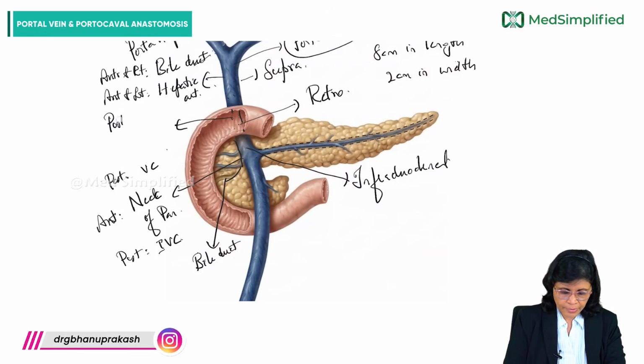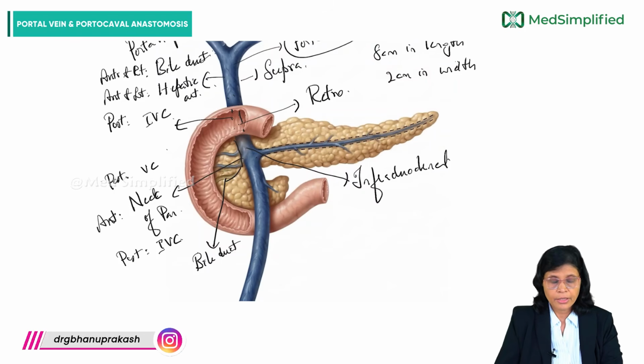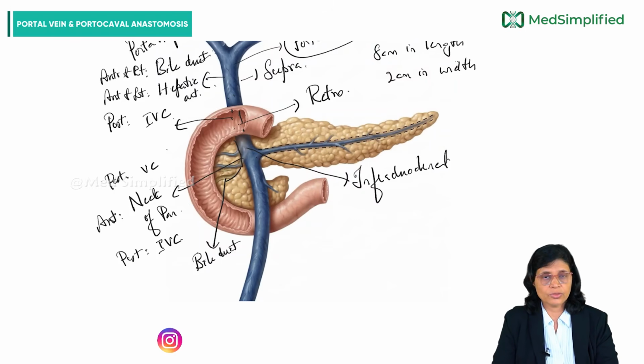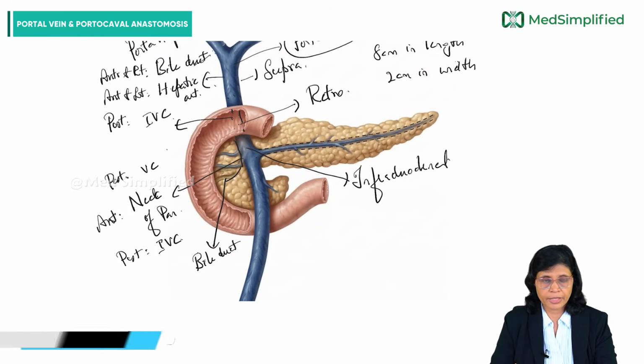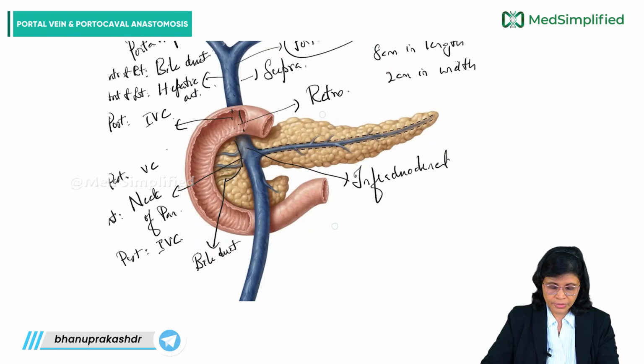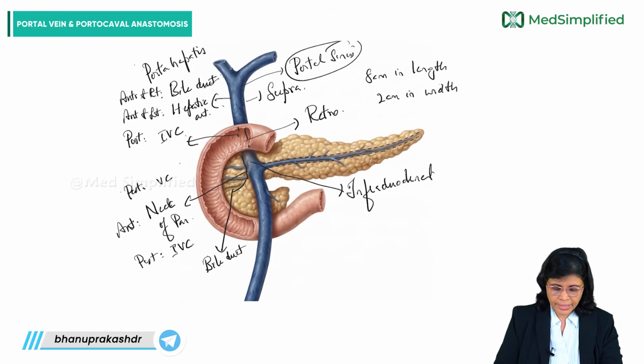Posteriorly we will be seeing the inferior vena cava, separated by the epiploic foramen in between. But these structures form the relations. So this is the extrahepatic portion.